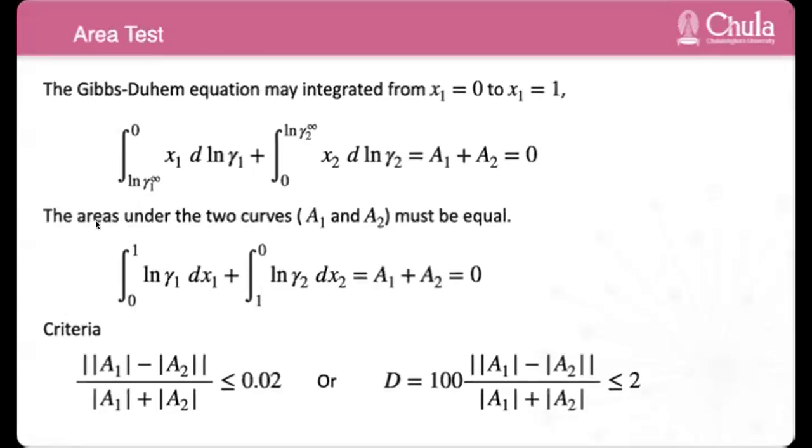what we obtain, we found that the area under two curves, A1 and A2. This is the area under the curve, and this is also the area under the curve. The areas of these two curves must be equal, but on opposite sides, in order to make it 0.